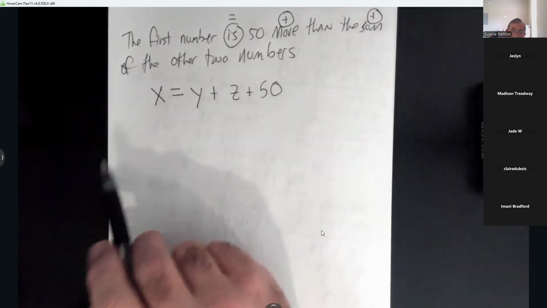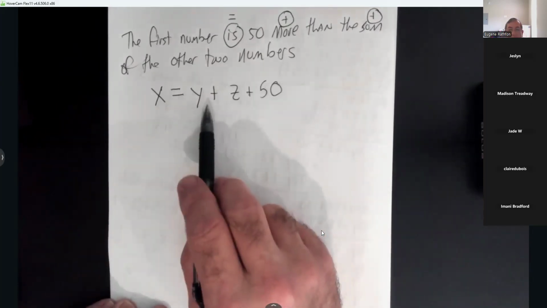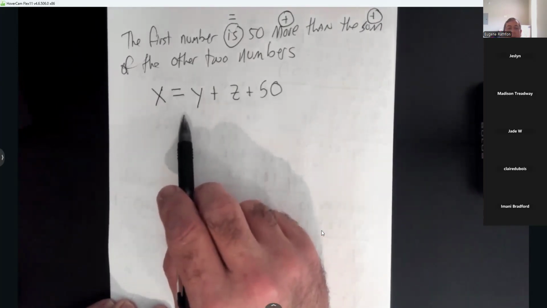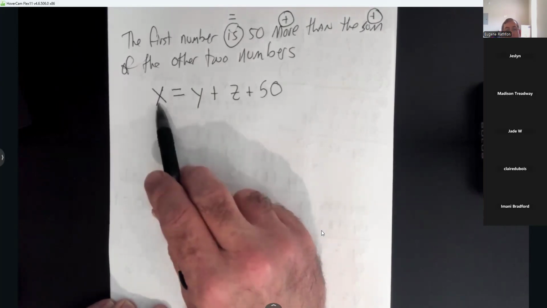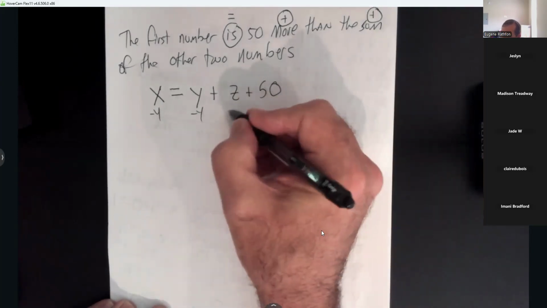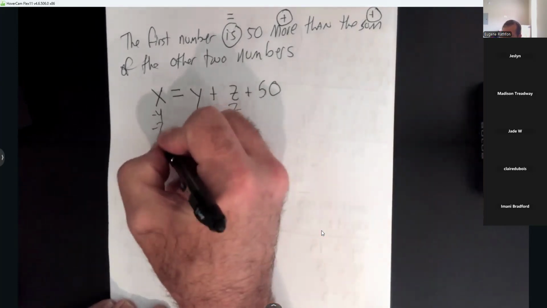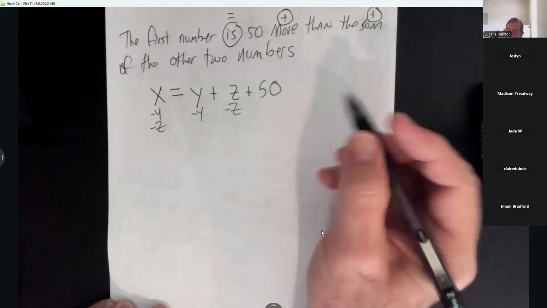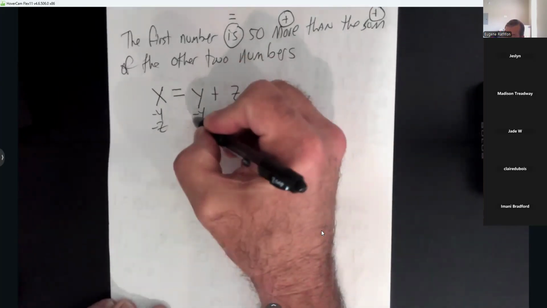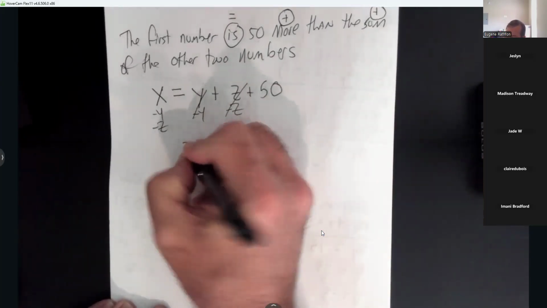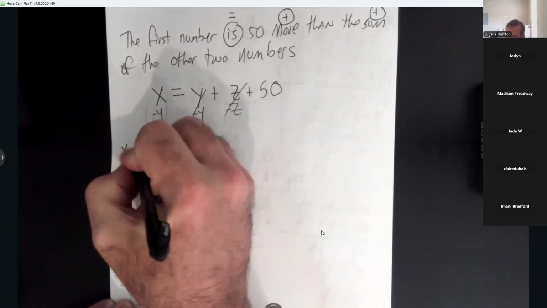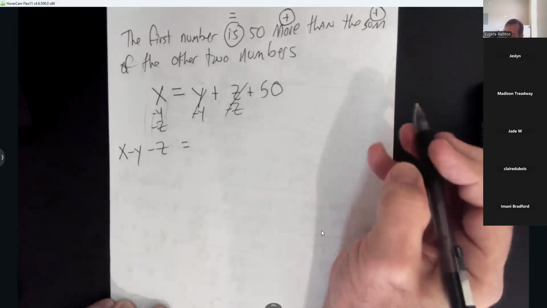All right, now, you noticed none of the answers had it like this because what we got to do is get all the variables on this side. So if you're going to move the y to the other side, you would make it negative, right? You're subtracting y. And if you're going to move the z, you would make it negative on this side and move it to that side. So if it's positive on one side, it becomes negative on the other. So that'll cancel, that'll cancel. So these are not like terms, so I'm just going to make it x minus y minus z.